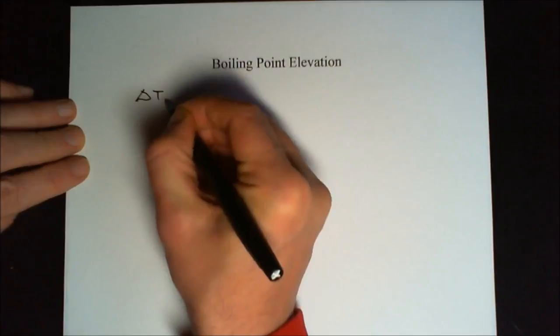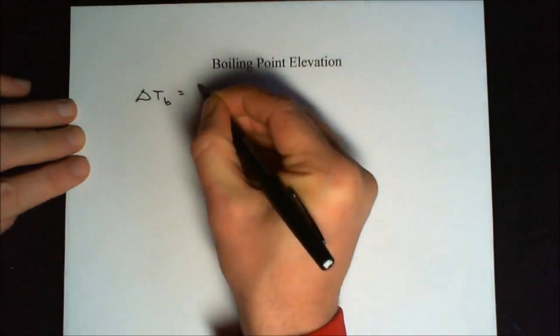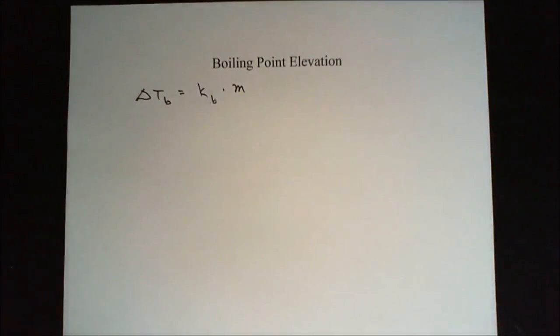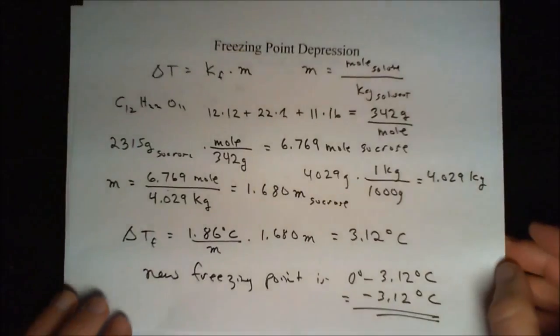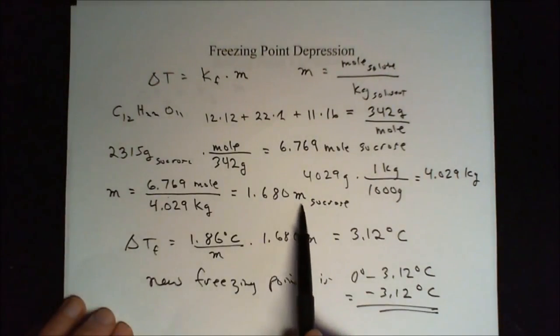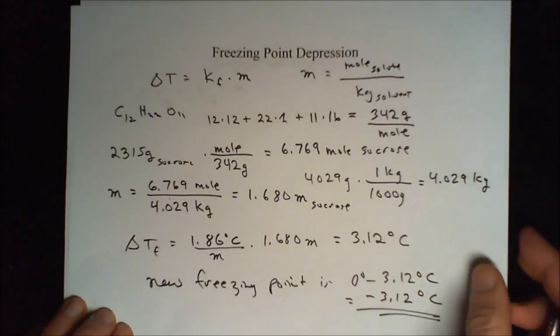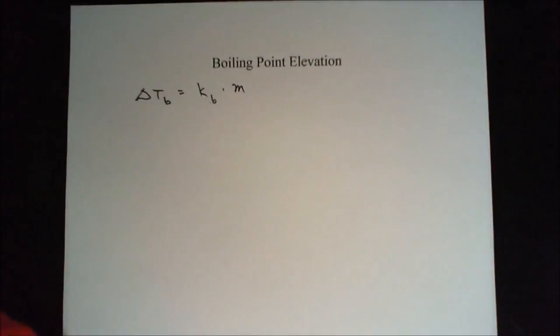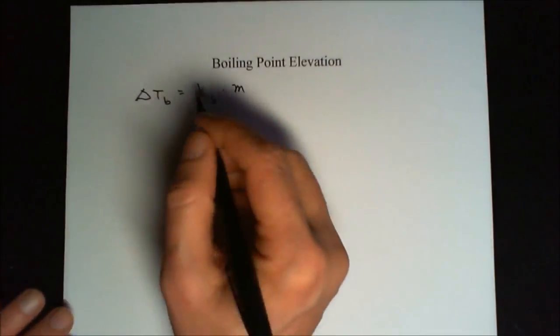Delta T for boiling point elevation is our K sub B times our molality. And we've already calculated our molality. We did that right here, where we calculate the molality for the sucrose. Now it was 1.680 molality in sucrose. So all we got to do is just plug it back in.